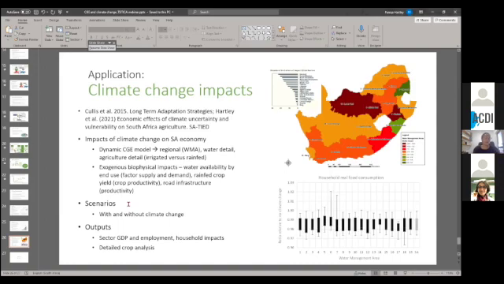So in the CGE model, in your production function for each crop, you have the crop using capital and labor and water and other intermediate goods and services.